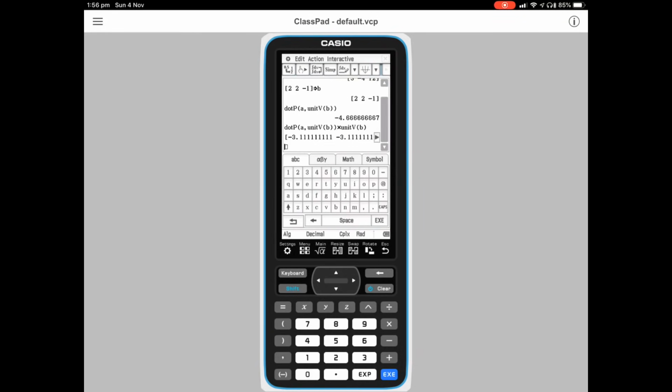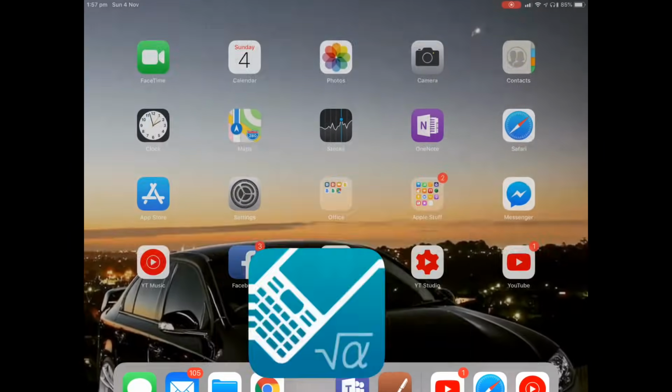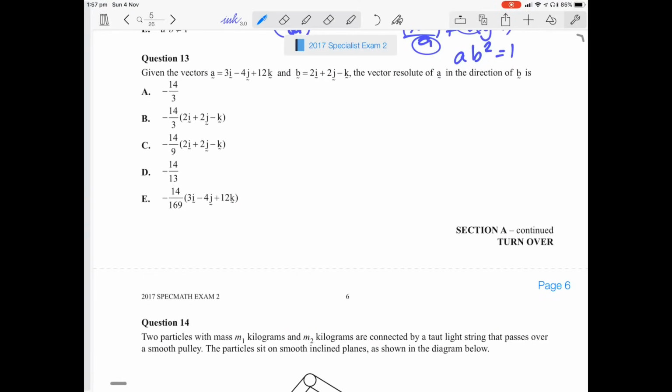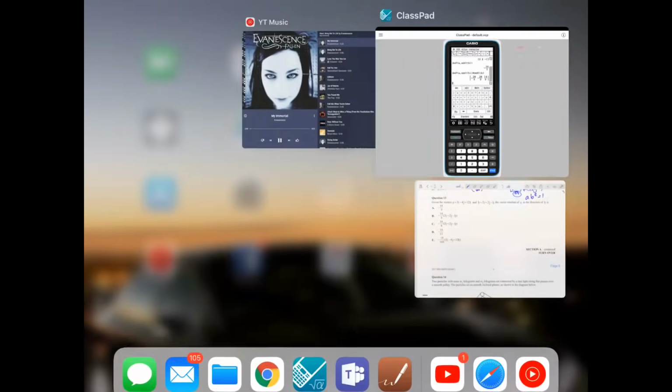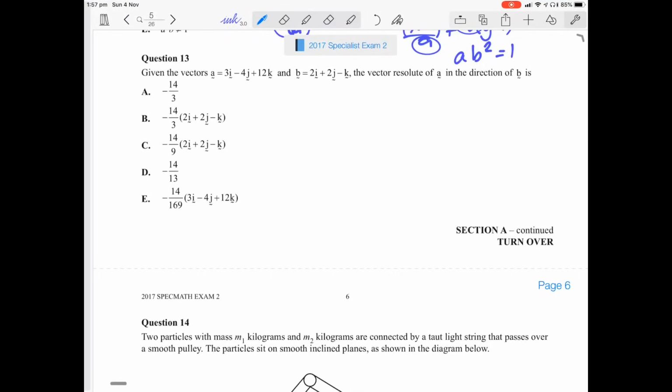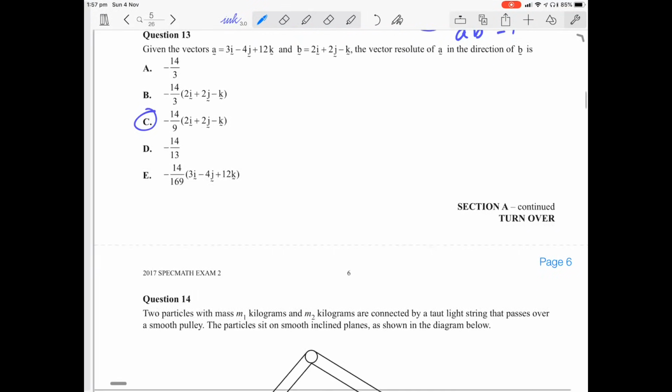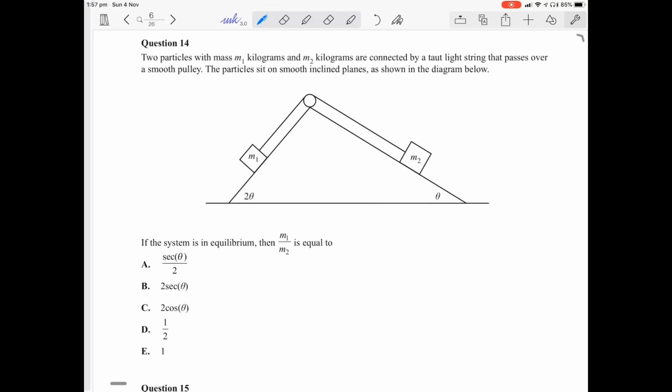Is that alright? Start again. Okay, it's because I defined A twice. Okay. Negative 28 on 9. Oh, you can take out 14 on 9. Yeah. So it's going to be C. This has taken me a really long time.